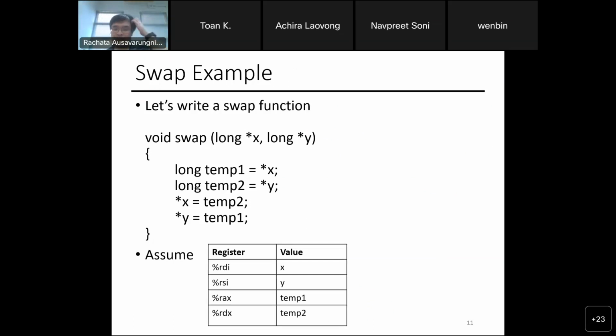So let's assume X is in RDI, Y is in RSI, temp1 is in RAX, temp2 is in RDX. How do I write this function with movq? I can do movq 4 times, and then I can swap the content. How do I do that?